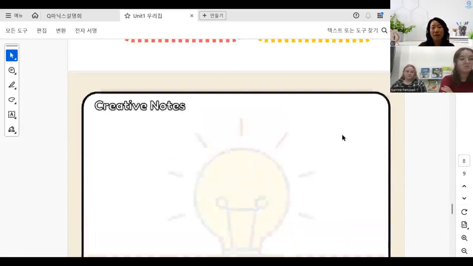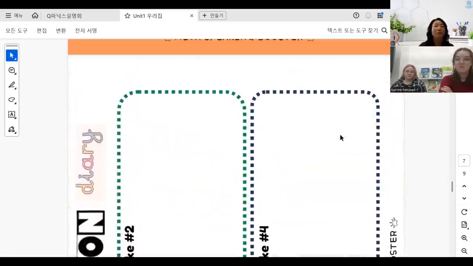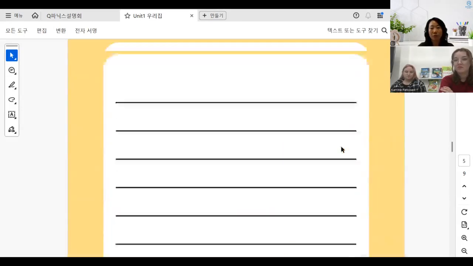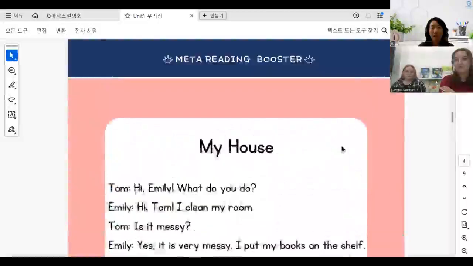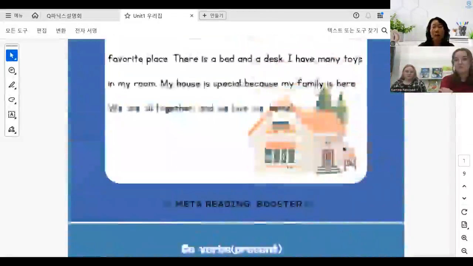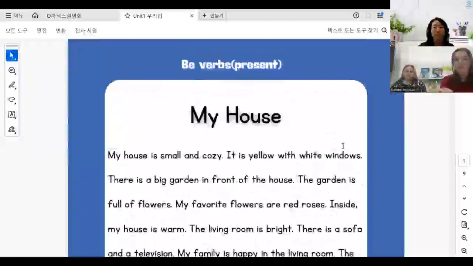Every unit has nine pages, but you don't have to use all of them, or you can expand in a more advanced way. It's up to the class level and how much time you have, totally up to the class. Yeah, and there are more pages.